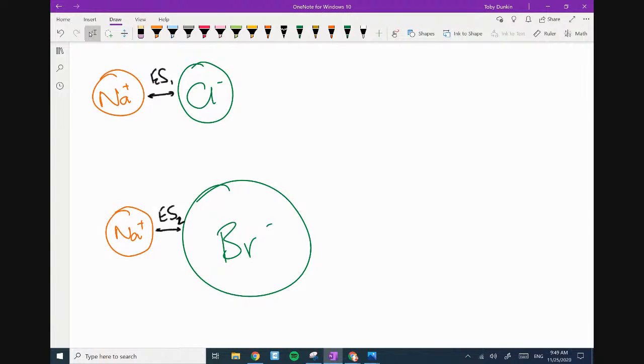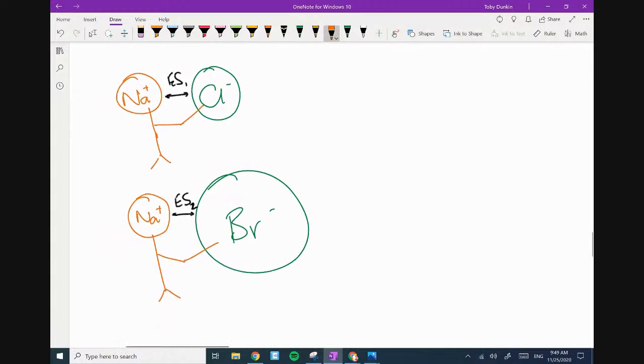Is it going to be easier or harder for sodium to hold on to that larger ion? That's the question. Is it going to be easier or harder?